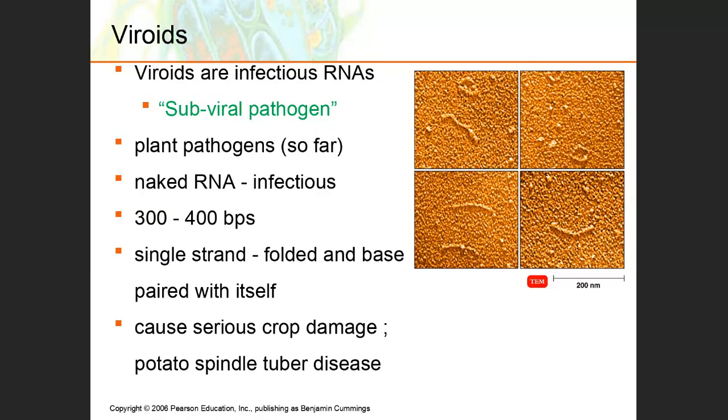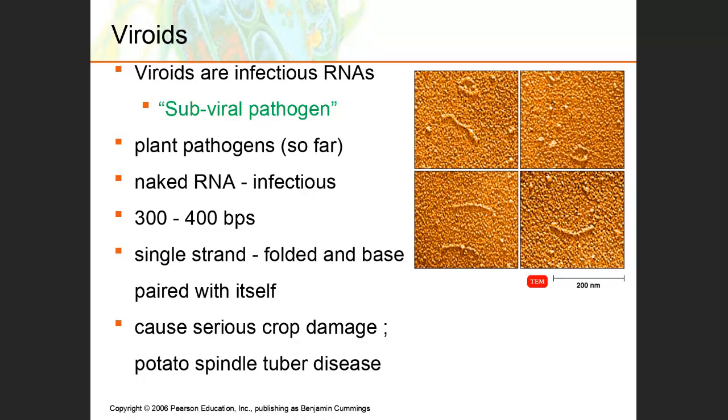And single-stranded RNA is not stable, so it will often fold on itself and base pair with itself to provide some stability. Remember, that's why DNA is a double-stranded molecule, because being double-stranded and base pairing with another strand stabilizes the DNA so it'll last. RNAs are not meant to last, which is why they're single-stranded.